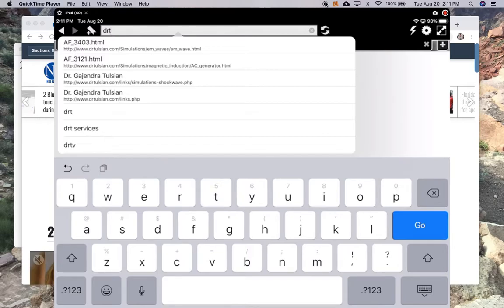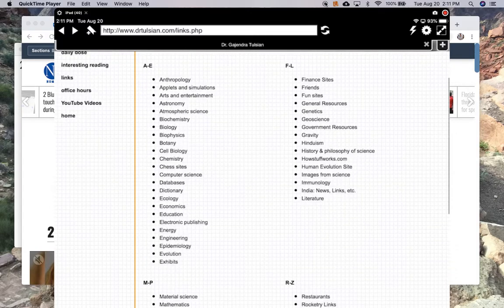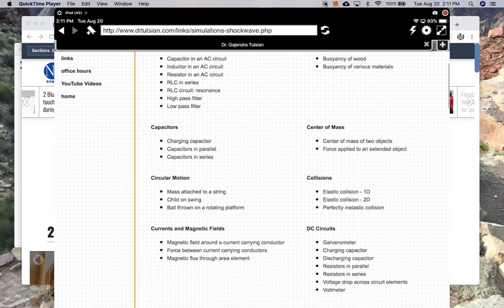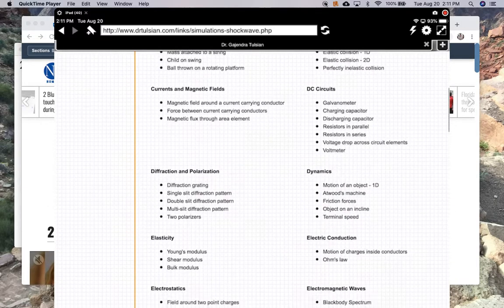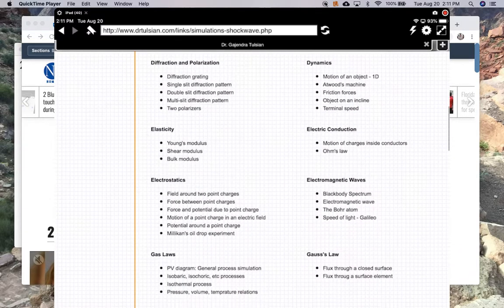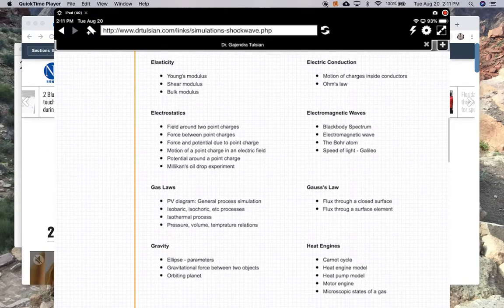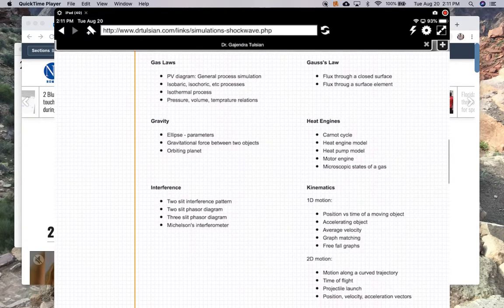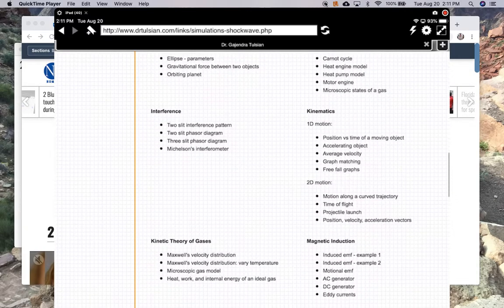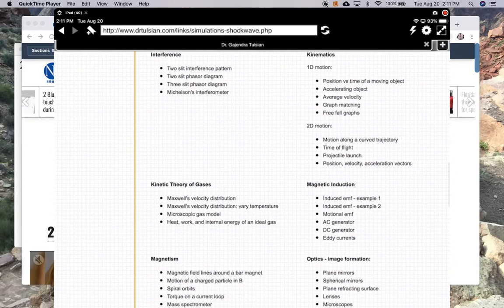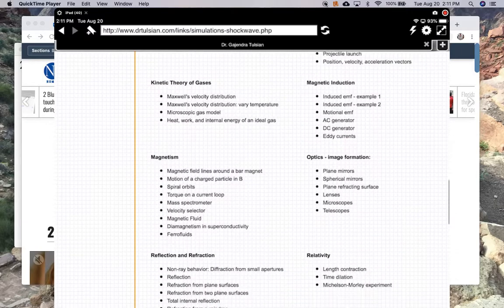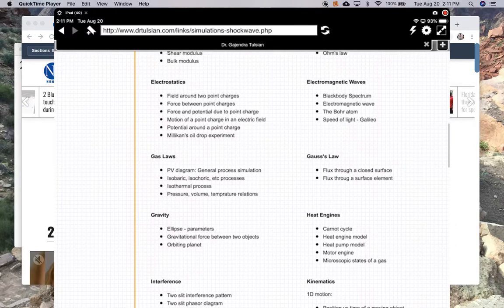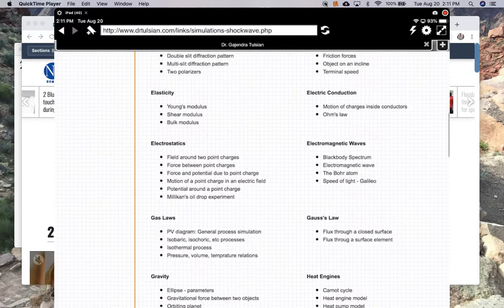If you go to my website, go to the simulations, and let's see, black body plus. All right. Where is that simulation?